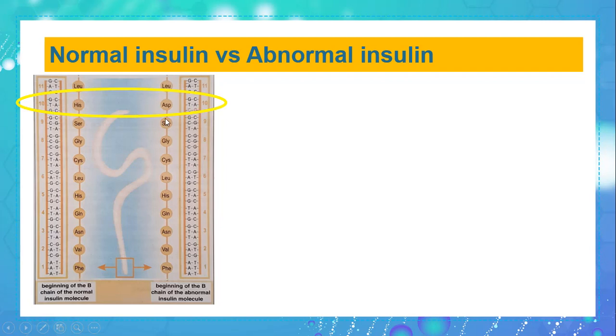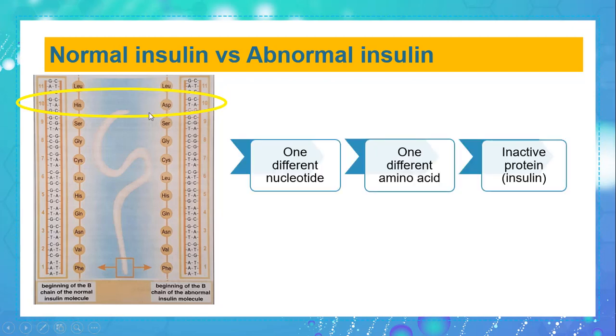Instead of C, we get G. The change in the DNA sequence leads to a change in the amino acid sequence, and thus the whole protein molecule would have a different, modified, abnormal function. So, if one nucleotide differs, we may get a different amino acid, and in this case, the produced protein would be inactive.